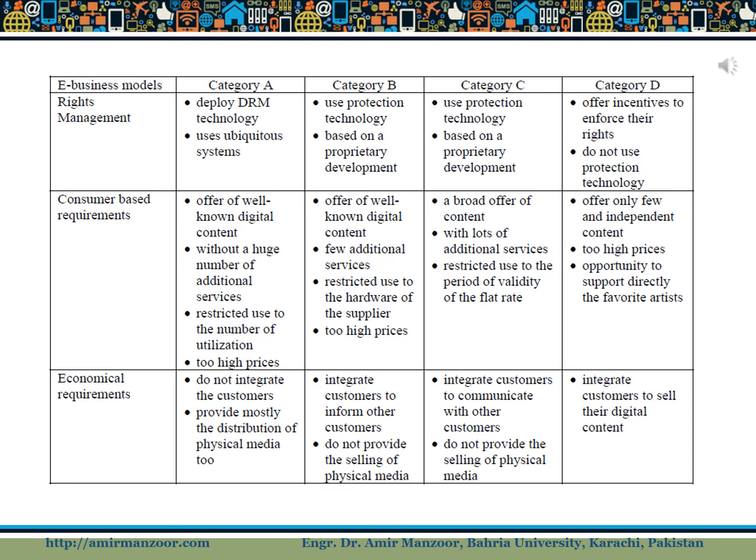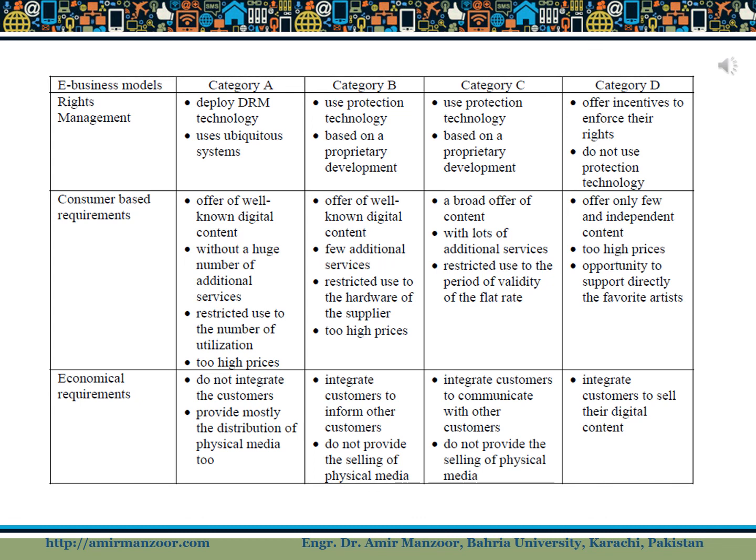For example, if you look at this particular table, the category A business models, with respect to the rights management, deploy the DRM technology and use a ubiquitous system. The category B business models, in order to enforce the rights management, use protection technology, and this protection technology is based on a proprietary development. In order to enforce the rights management, the category C business models use protection technology, and it is based on proprietary development.